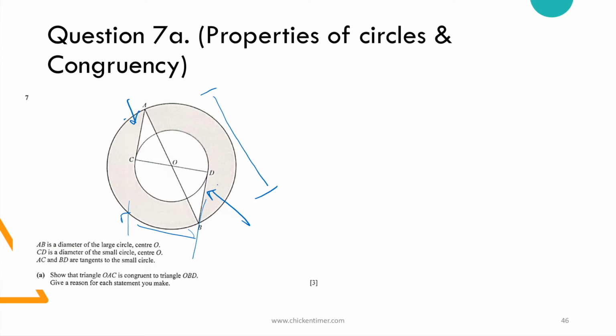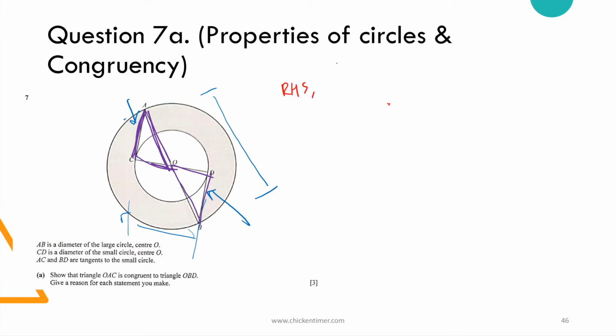So we have to show that triangle OAC is congruent to triangle OBD. Mark out the circle. So OAC is this one, and OBD is this one.